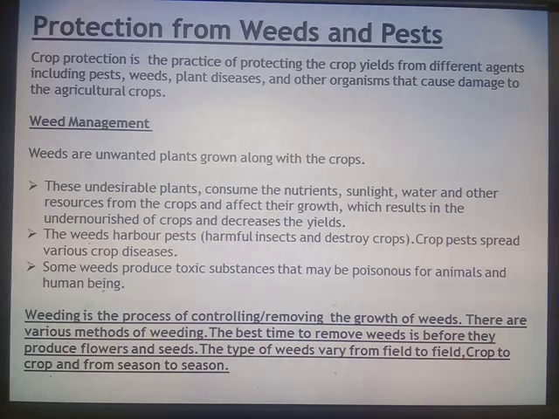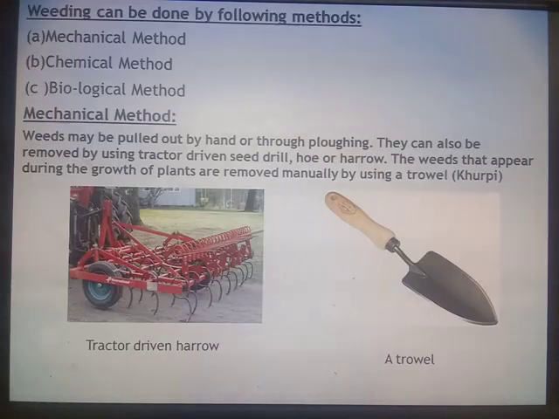The type of weeds may vary from field to field and crop to crop, and most importantly from season to season. Now we can do the weeding, that is the removal of unwanted plants, mainly in three ways.